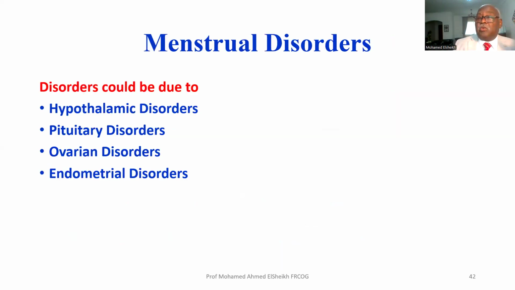The menstrual disorders, the ones we have just mentioned and others, could be due to problems in the hypothalamus, the pituitary, the ovary, or the uterus. You can see, starting from the top and going down, till the disorders come into the endometrial disorders.